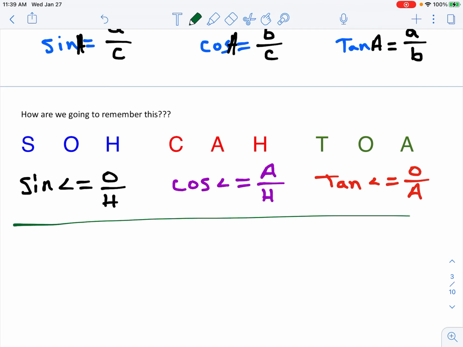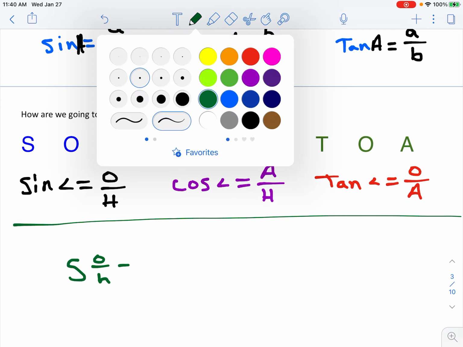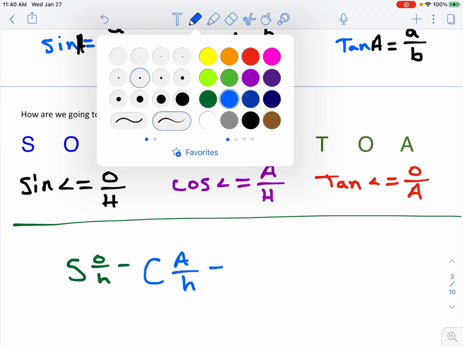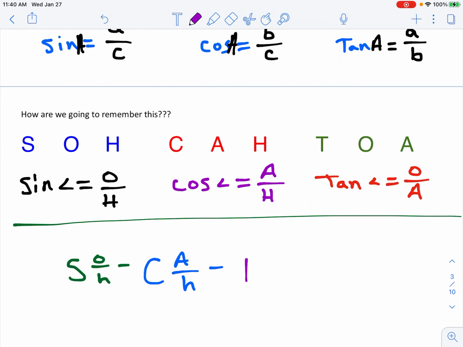The other way that you can think about it to remember is I've seen kids look at it like this. Sine is O over H, CAH, cosine would be A over H. Tangent would be opposite over adjacent.